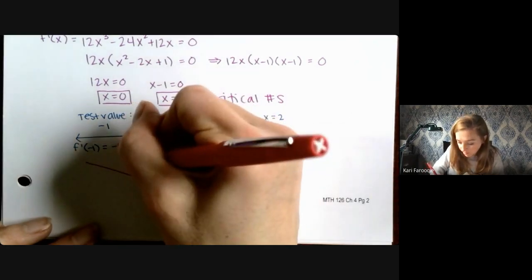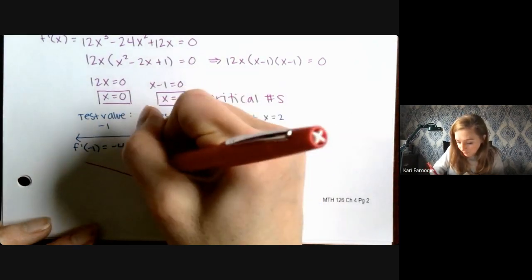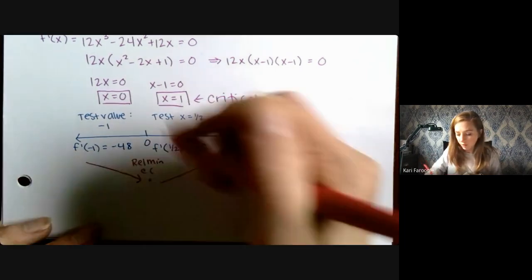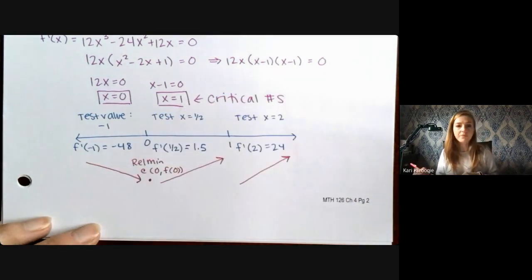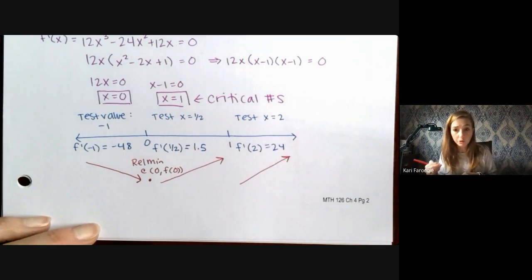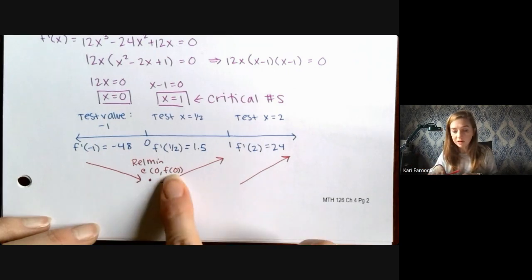So I have a relative minimum at 0, f of 0. The function value at 0 is the corresponding y value on the graph. Don't evaluate f prime of 0. It's a critical number. Its derivative will be 0 there. Don't do that. You're looking for the corresponding y value on your actual graph of the function.